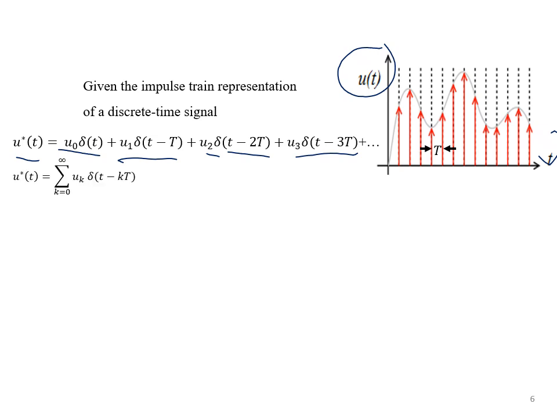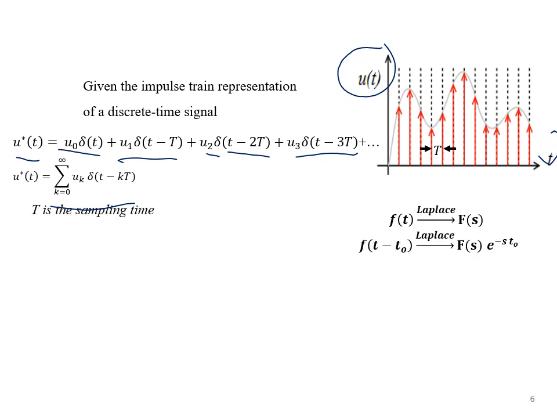We have u hat or u star equals the summation k equals 0 to infinity of uk times delta of t minus kT. T is the sampling time.